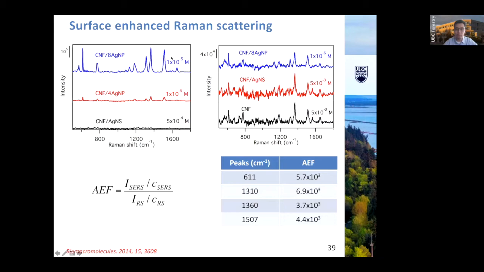But for the silver nanoprism, at half of the concentration, 10 to negative 5, we see a very strong peak. Based on this, we can get the apparent enhancement factor, which is about 6,000 to 7,000. Meaning you can use this to detect trace chemicals in the water body, right?